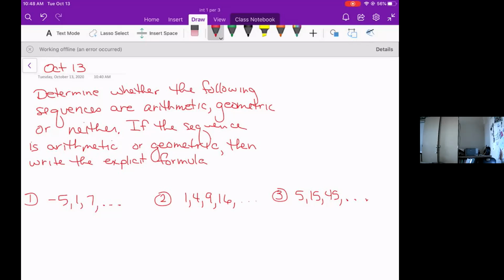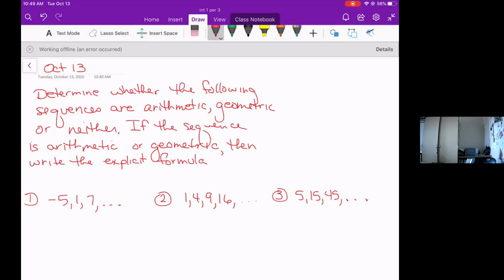Geometric and arithmetic. That's just the formula.